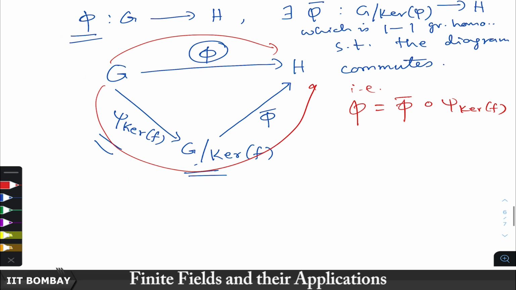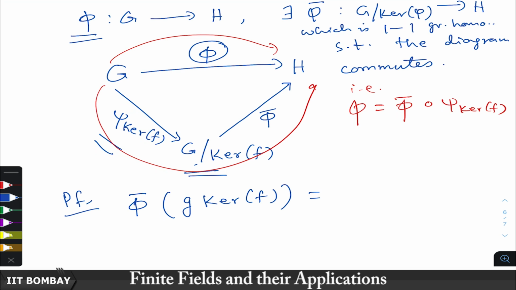So, now the proof is by construction of phi bar. So, we can define phi bar. How do we define it? We take any coset of the kernel, of this form g times kernel f, and we define it as phi of g. Okay.